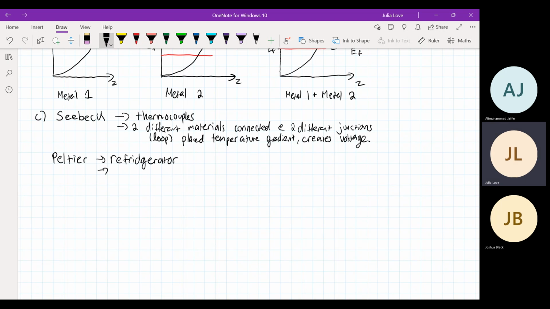And this is used when current is specifically run through a similar setup where you have two different materials connected at two junctions to form that loop.